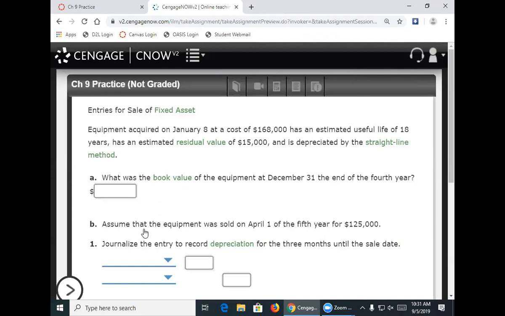We have to calculate the straight line first to get the book value. So what is my yearly depreciation? 8,500. Yep. Okay, so all three of these methods are just how we find the depreciation, and then we can use any of those numbers to find book value.